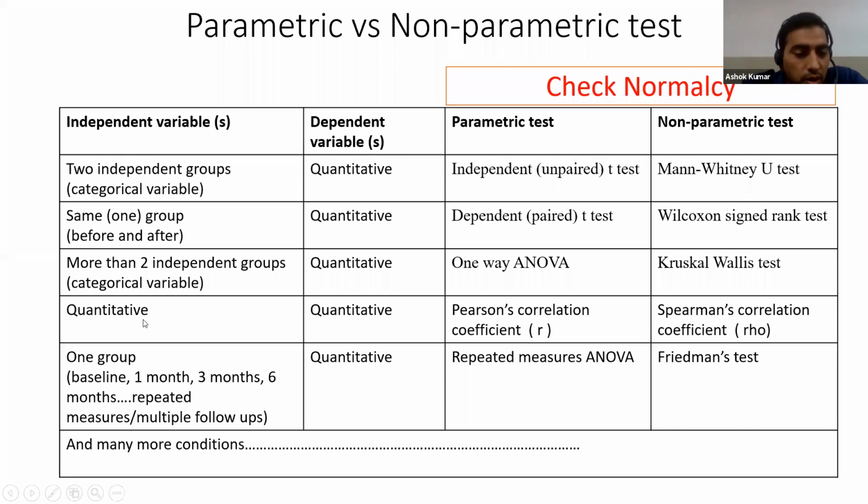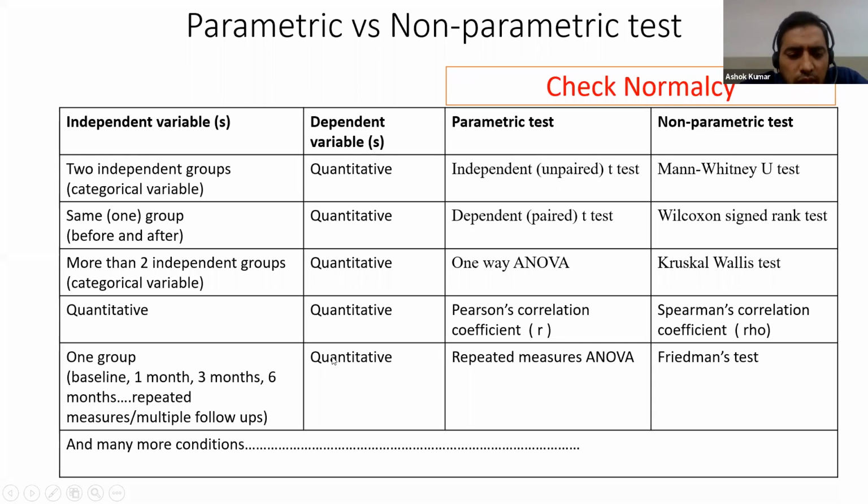And again, one group: baseline, then 1 month follow-up, then 3 month follow-up, and then 6 months follow-up. That is repeated measures or multiple follow-up in only one group, within group or single group, and the dependent variable is quantitative.